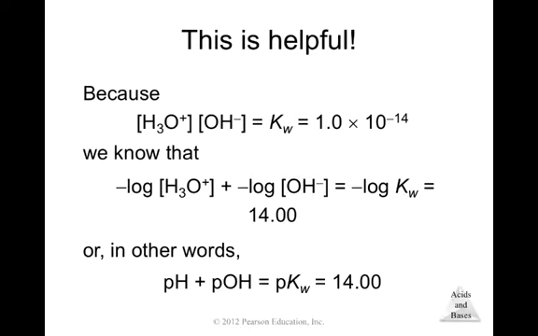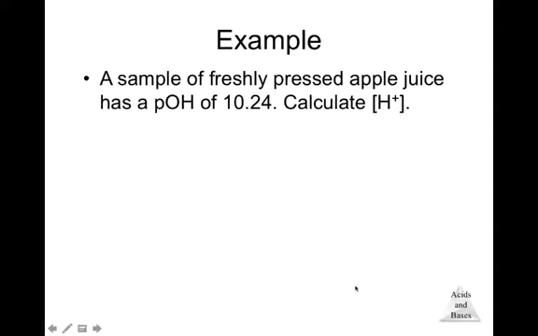Well, the concentration of H3O plus times the concentration of OH minus is your 1 times 10 to the minus 14, like we said. And so you can take the negative log of both sides, which equals the negative log of Kw, which is 14. That basically means that pH plus pOH equals pKw, which is 14. Pretty nifty, huh? So if you know the pH, you can figure out the pOH.